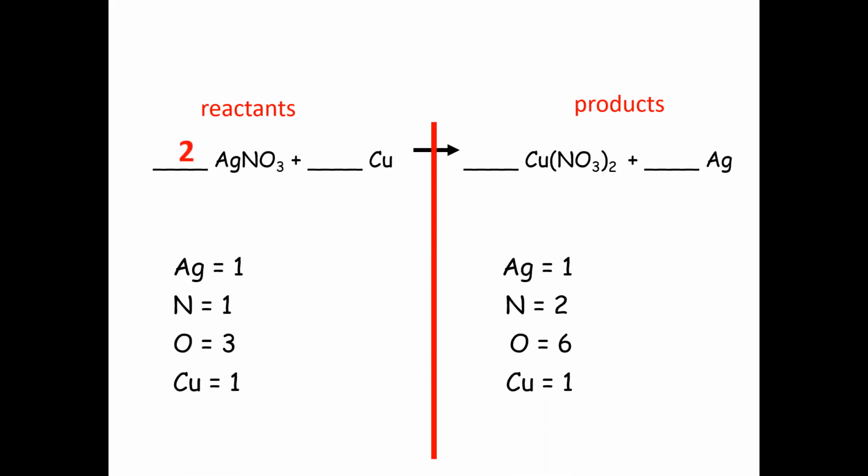And if you put a 2 in front of silver nitrate, you can now see that you have 2 silver atoms, you have 2 nitrogens, but 2 times 3 is 6, so you have 6 oxygens and you've still got 1 copper. So to balance this equation, to get twice as many silver, you would put a 2 in front of the silver. And then your equation is balanced.